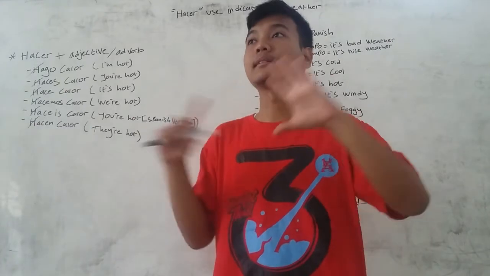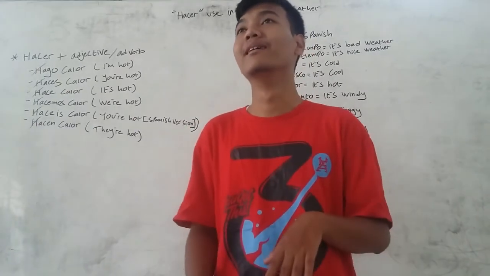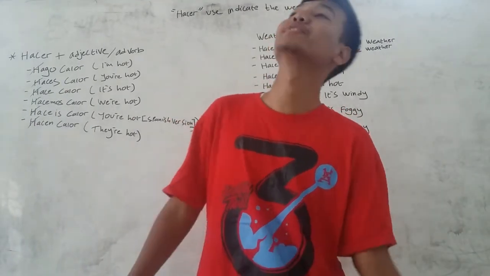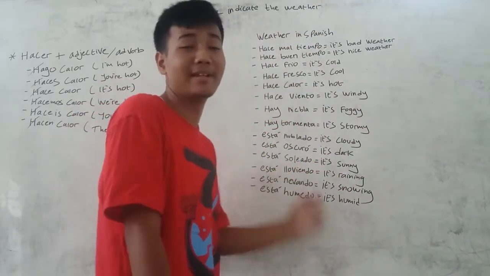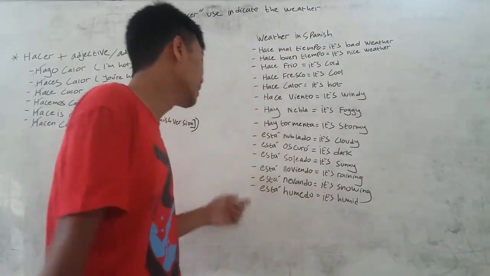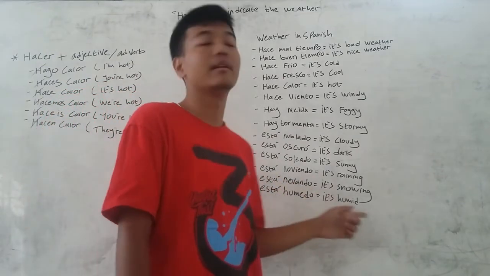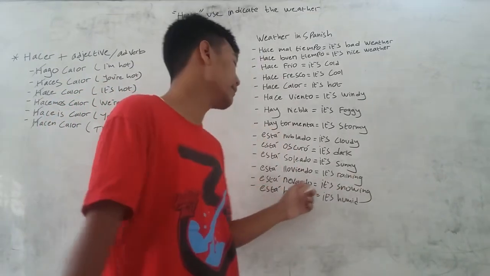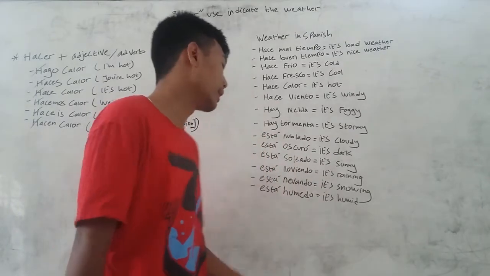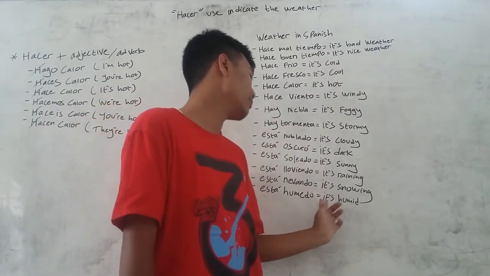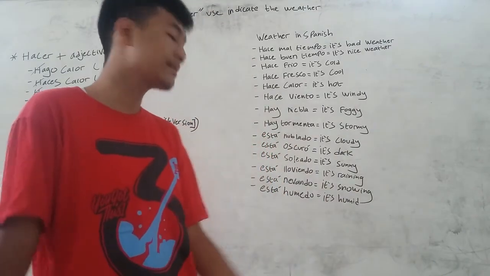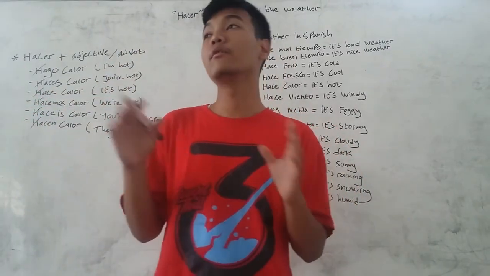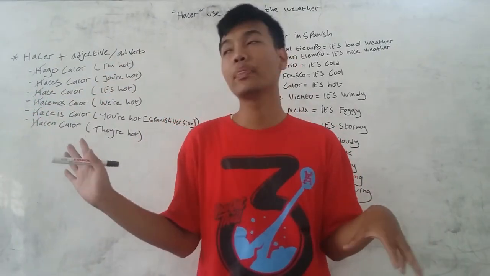Lloviendo means rain. Terus está nevando, it's snowing. Está húmedo, it's humid, lembab. Right.